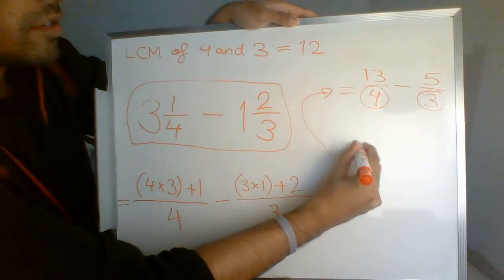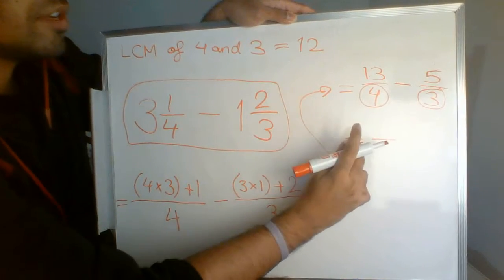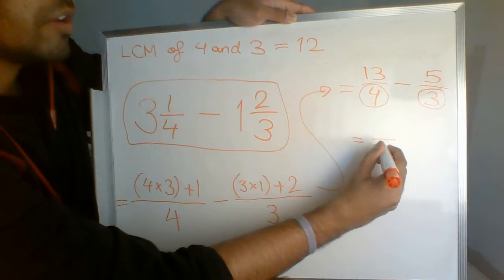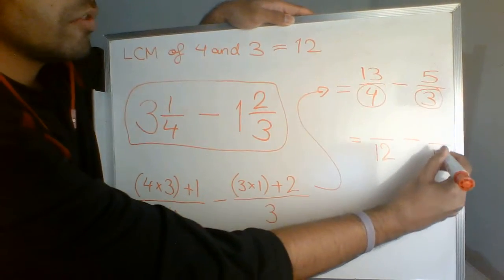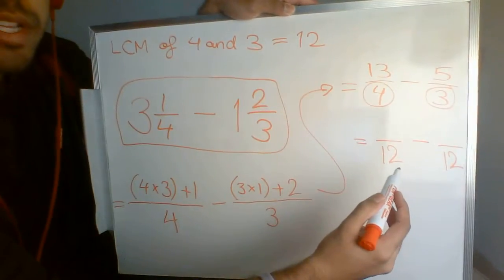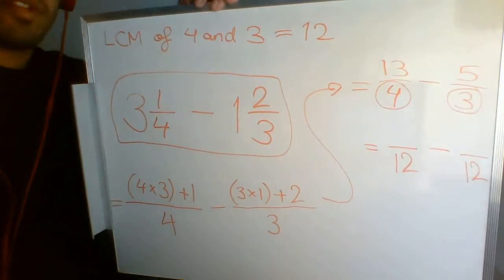So our target denominator for our next line, when we're converting these two fractions into equivalent fractions, is 12. We want them both to have a denominator of 12. All right, so we're going to have something over 12 minus something else over 12.